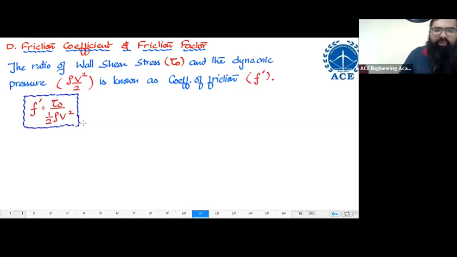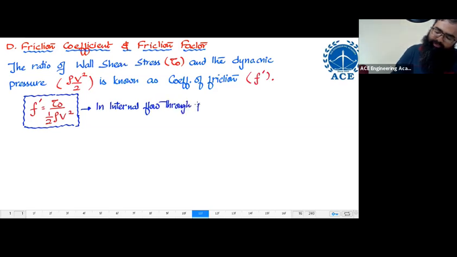The value of F prime is known as coefficient of friction. In the case of internal flow through pipe, this coefficient of friction has a special name.